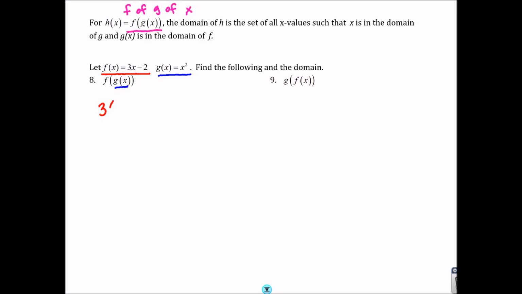So I'm going to start with f of x, which is 3x minus 2, and I'm going to plug g of x, which is x squared, in for x. And then you simplify this, which all you can do to simplify is just say 3x squared minus 2 is your final function.